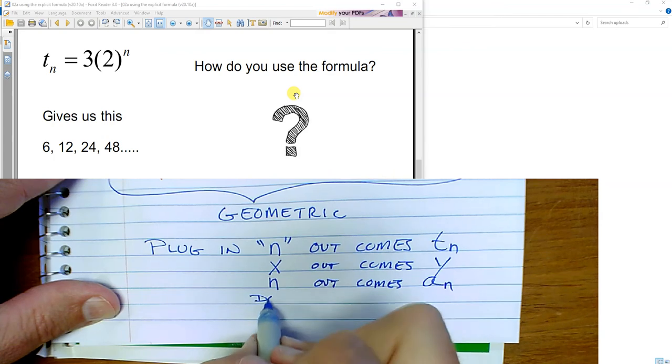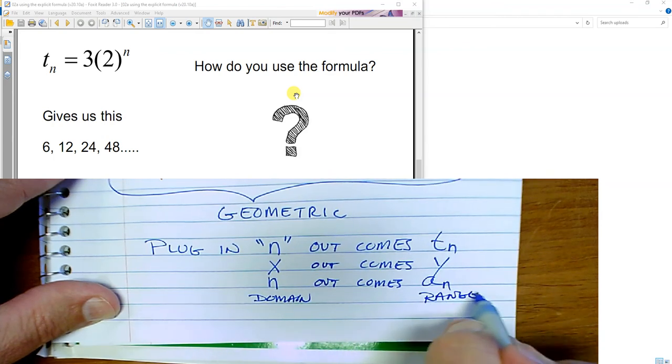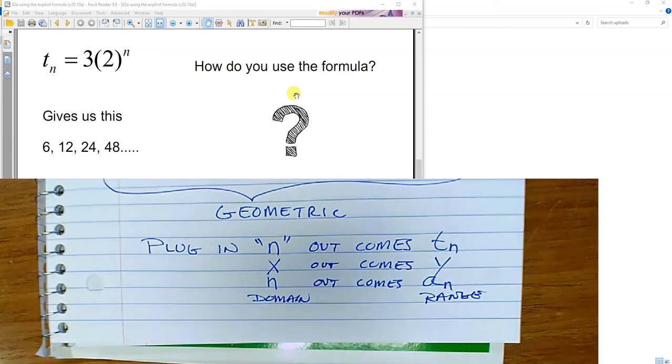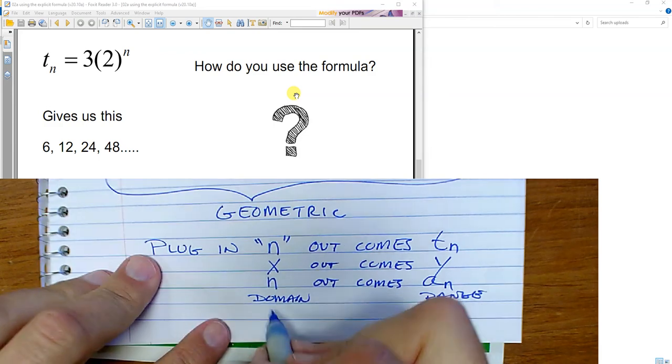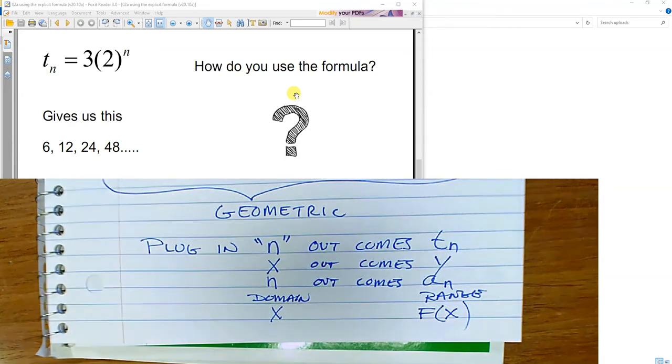You plug in the domain, out comes the range. It's just a function, and we've done functions, but now we're doing very specific functions called an arithmetic and a geometric. You plug in x's, out comes y's. You plug in n's, out comes t sub n's. Remember f, you plug in x and out comes f of x, right? It's just another way of showing a function.